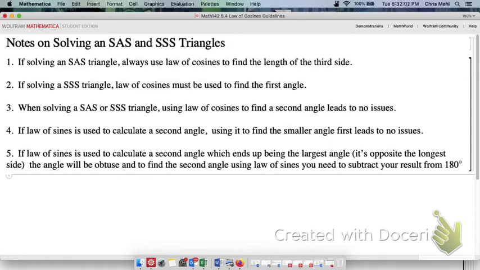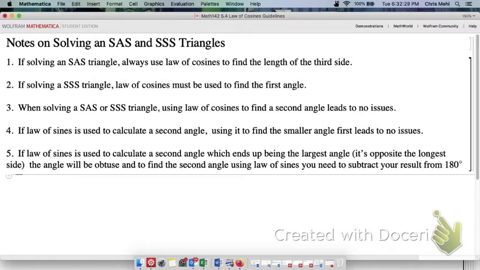Number 5, if law of sines is used to calculate a second angle which ends up being the largest angle, opposite the longest side, the angle will most likely be obtuse, not always. To actually find that obtuse angle, when you solve for the angle using law of sines, it's going to come out acute when it's supposed to be obtuse, and you need to subtract that result from 180.